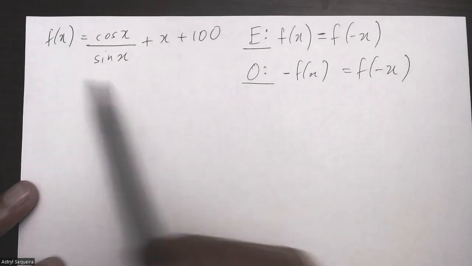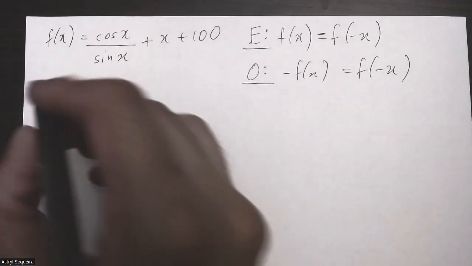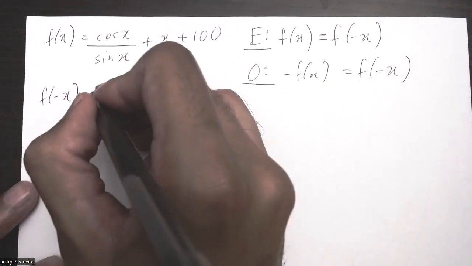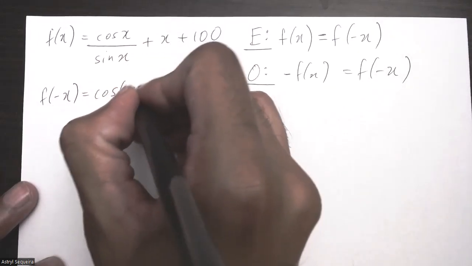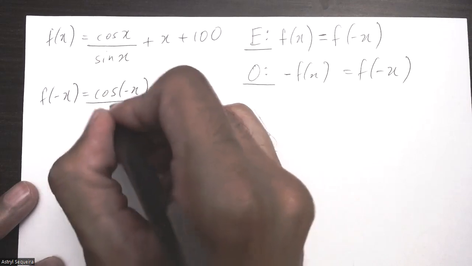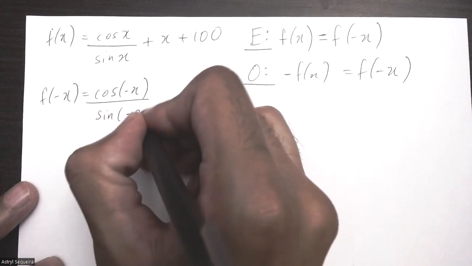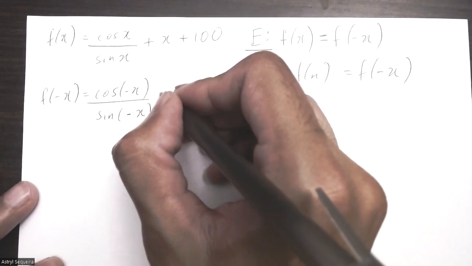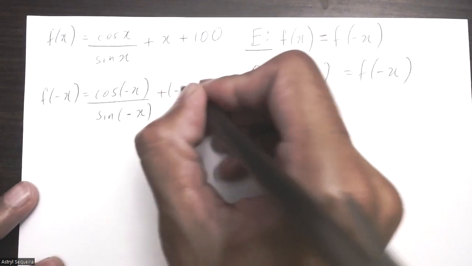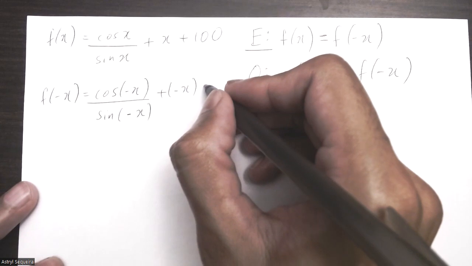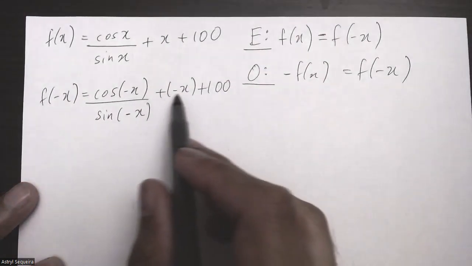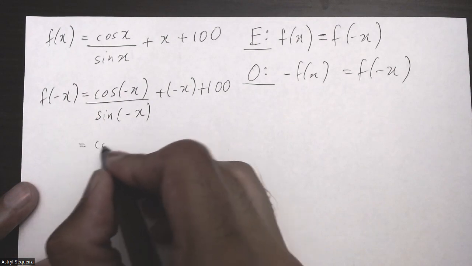So there's the original function over there. Let me do f of negative x. That's cos of negative x over sine of negative x plus negative x plus 100. And I can just simplify this over here for now.